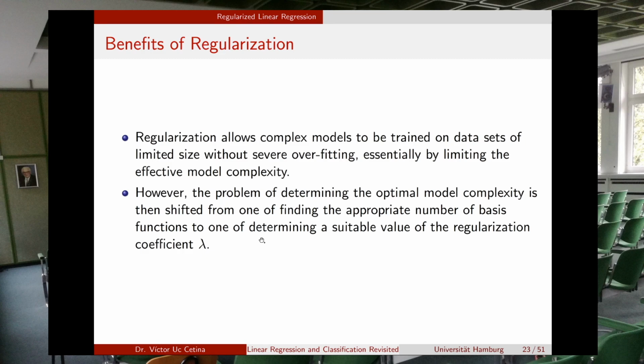So the thing is that if you want to do regularization, then you have one extra parameter that you need to estimate. So that is one of the extra work that you need to do when you apply regularization. And also you can experiment with different values of Q to see if you get a better model.